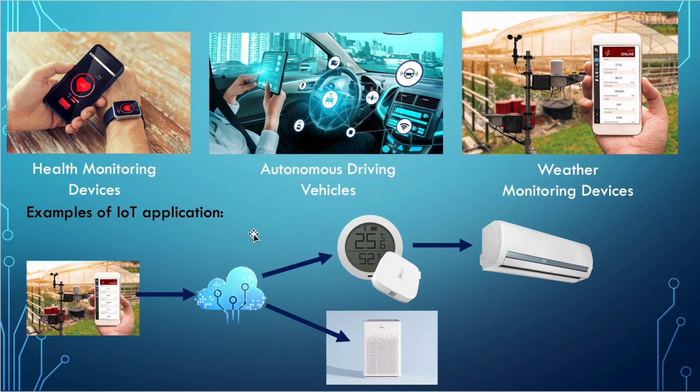So even though it's a small device, a lot of sensors are embedded inside to make life productive and to become a very functional IoT device. So a smartwatch as an IoT device is a very good example.